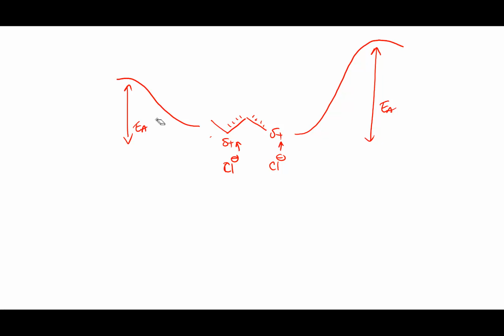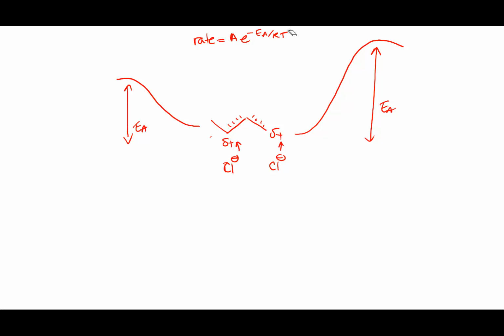How does that activation energy help us with the major product? The Arrhenius equation says rate equals A times e to the minus Ea over RT. So the Arrhenius equation gives us the relationship between activation energy, temperature, and rate, which is what you learned in general chemistry. The lower the activation energy, the faster the reaction.